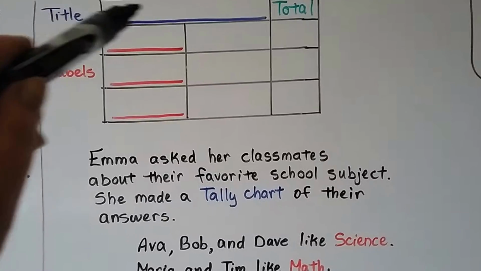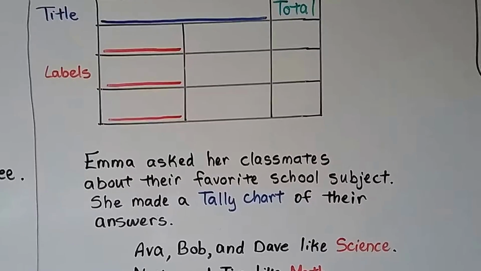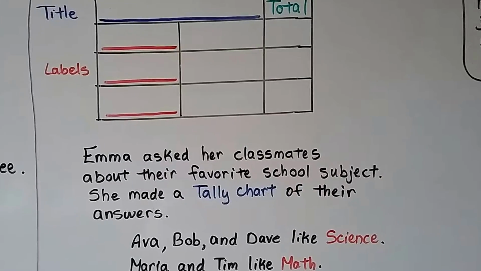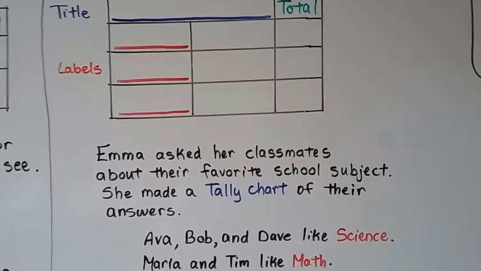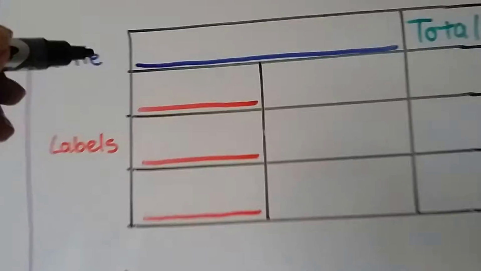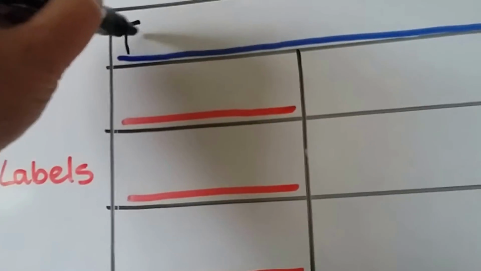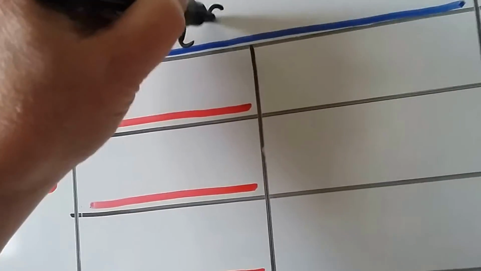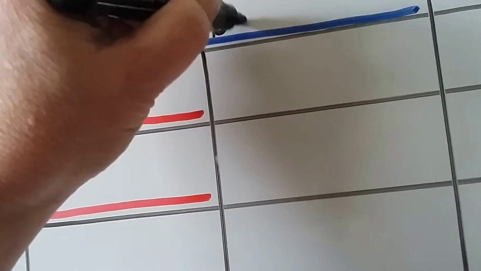What do you think the title of this tally chart should be? What did she ask her classmates about? She asked them about their favorite school subject, so that would be the title, wouldn't it? That would be a good title. Favorite school subject.